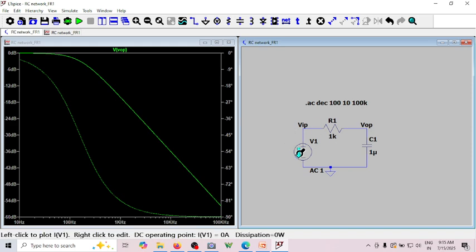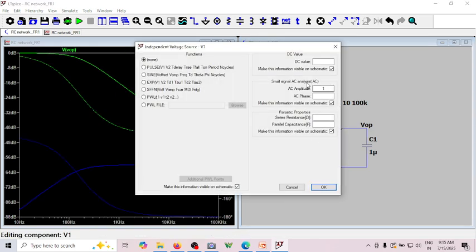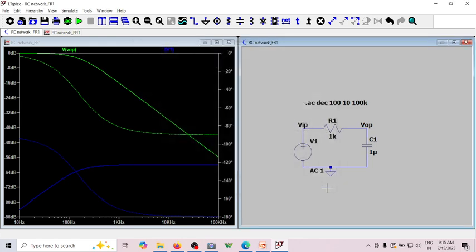And then most importantly, this source should be a voltage source, and this should be none, and you should be selecting an AC amplitude of 1. This is a must for any frequency analysis.